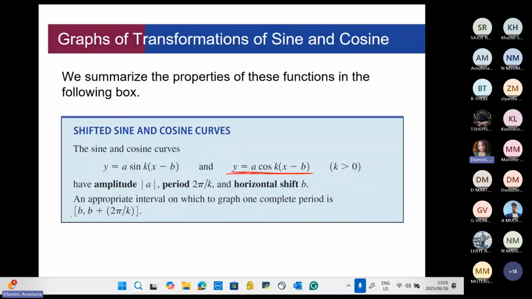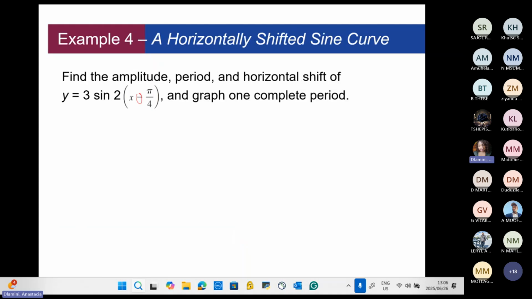So then your appropriate interval will be what? B plus the period. What is B? There's a minus in the bracket, so your B is pi over 4.